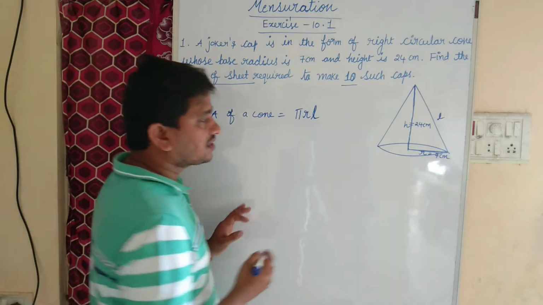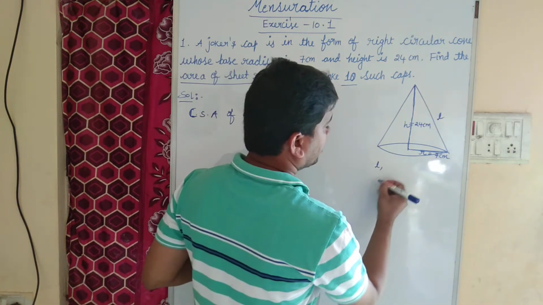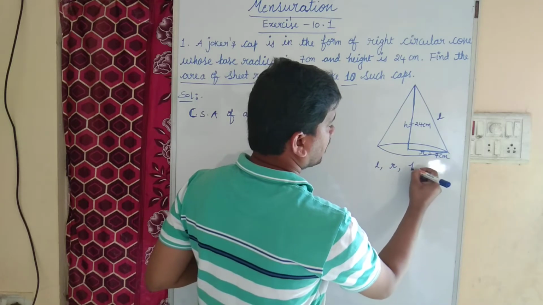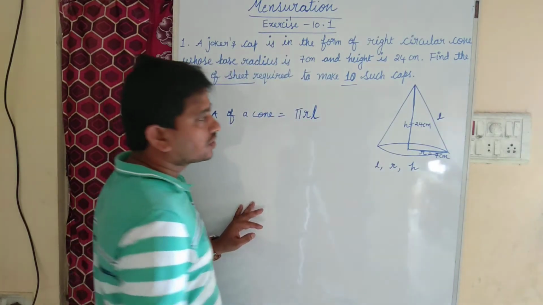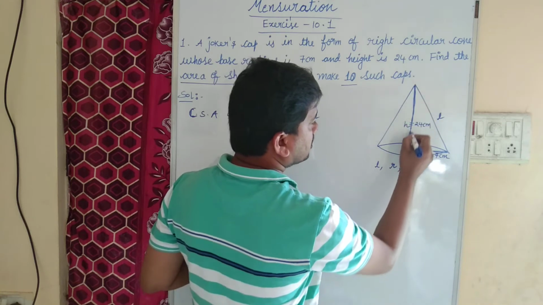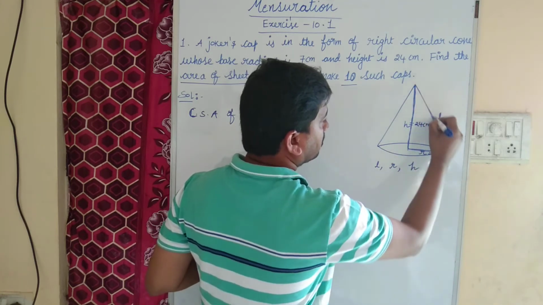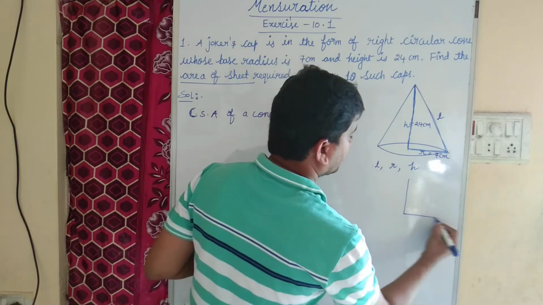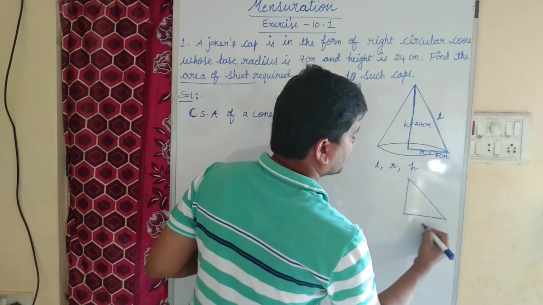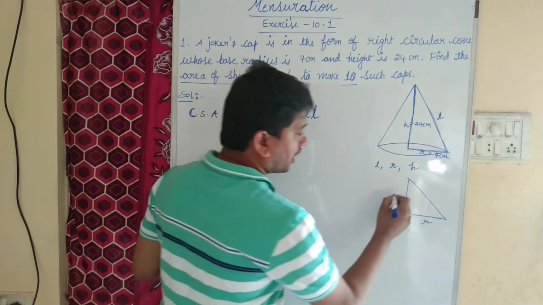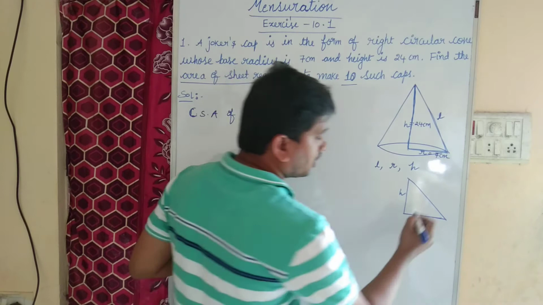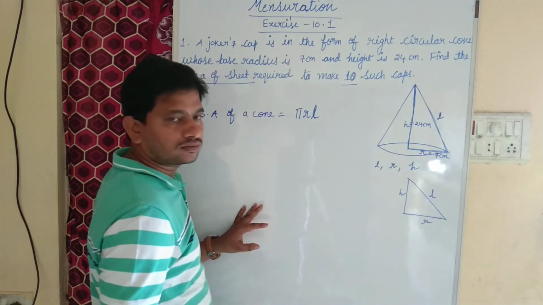So we have a relationship between the slant height, radius and height of the cone. If you consider this as a right angle triangle, this is our base radius, this is the height of the cone, and this is our slant height.